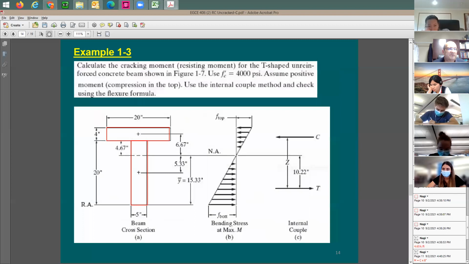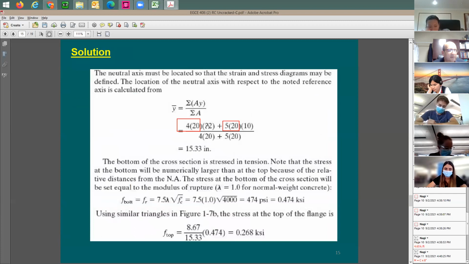In a case like this, they decided to put the datum right at this reference axis. The center of this first section is going to be at 10 inches from this. And the center of the top section is going to be at 20 plus 2, which is 22 inches. And this is correct. Look at this, 22, 10 inches.